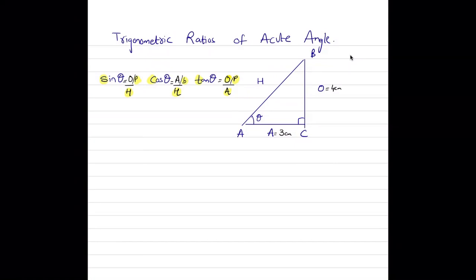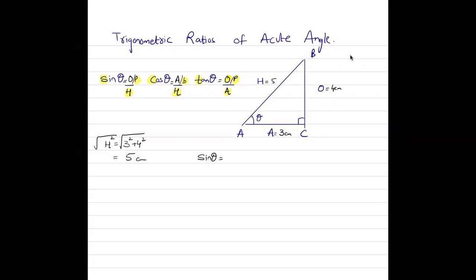Apply Pythagoras theorem and give me the value of the hypotenuse. 3 square plus 4 square, square root. 5. Exactly, 5 centimeter.